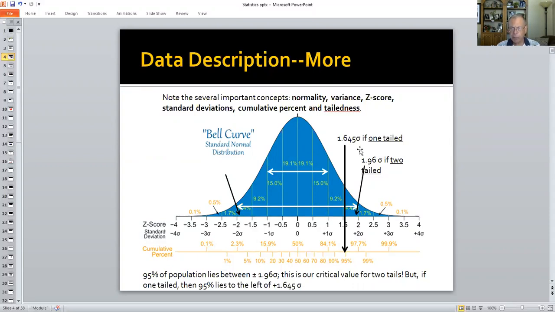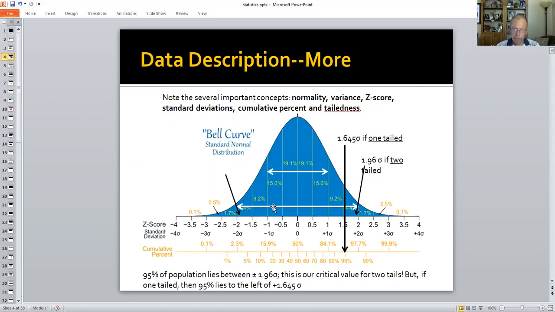This is a theoretical distribution. So if we follow this white arrow, this covers one standard deviation each way. Or another way of looking at it, we add up 15% to 19, and then we double it for the other side. One standard deviation across represents 68% of the population.